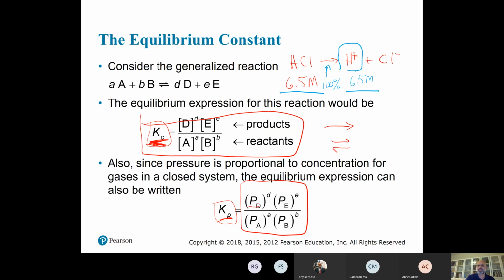I'll take a look at the problems and see if you needed that table, but I didn't expect you to memorize it. There aren't many of them. It's just the halogenated acids and sulfuric acid, a couple others.